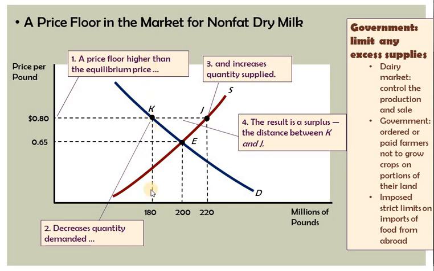Ayan, bababa po. Ayan. So, it's just like same rules of what we have kanina. And increase supply or increase the quantity supply. Okay? Bakit nga po? Dahil po again, tumaas po ang ating presyo. The result is a surplus. The distance between K and G. So, yun, K and G.